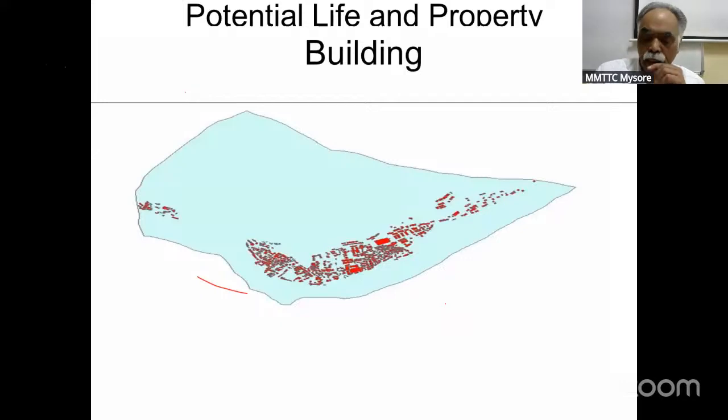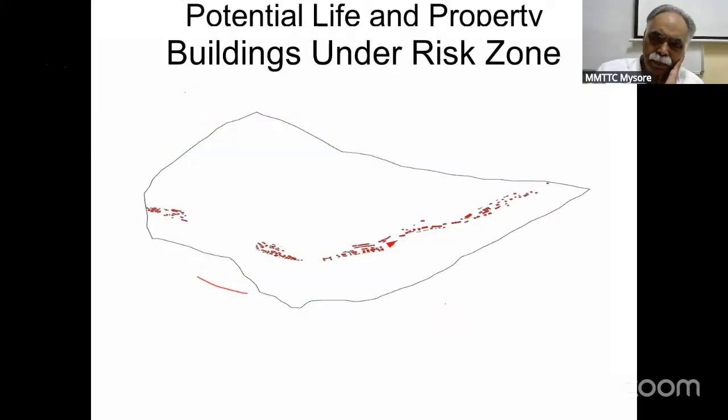You can see all these residential buildings have been mapped. Based on the buffer zone, the rest of the things have been eliminated. Those houses which are not under the threat area have been eliminated. Only the houses which will have a serious impact due to landslides have been taken.